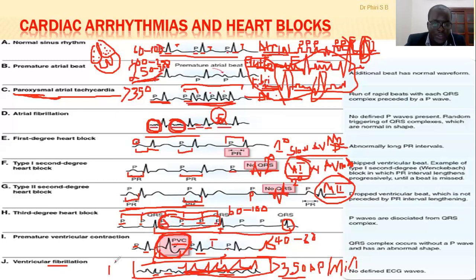it can kill the patient. Why? It's because it means that the ventricles are not given enough time to relax and fill with blood. So if they're not relaxing, it means they are pumping less blood to the outside. They're allowing less blood to go into the ventricles. It will result in a reduction in cardiac output. That will bring about a reduction in blood supply to the heart muscles themselves.